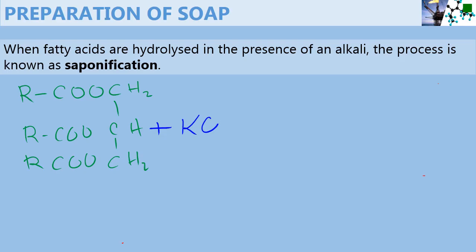Let us use potassium hydroxide this time and see. To give, well, soap, which would be this, and glycerol.